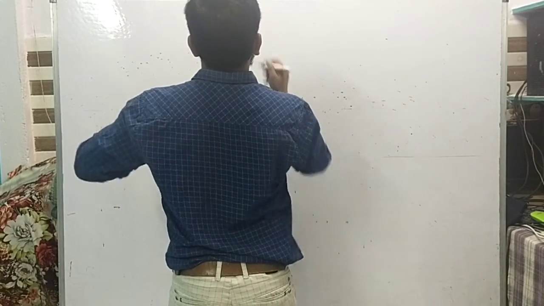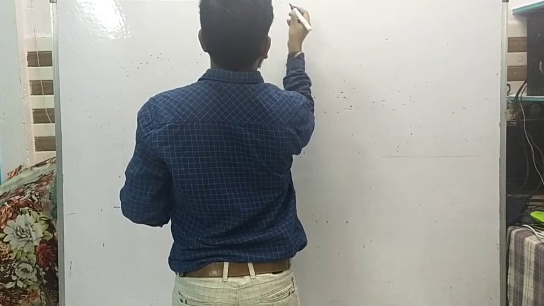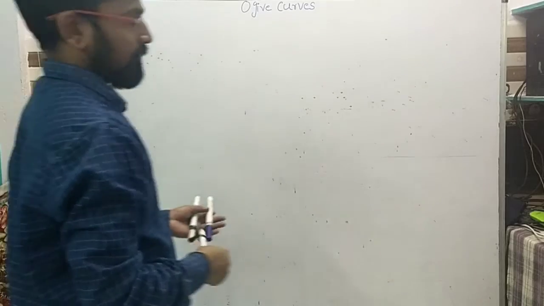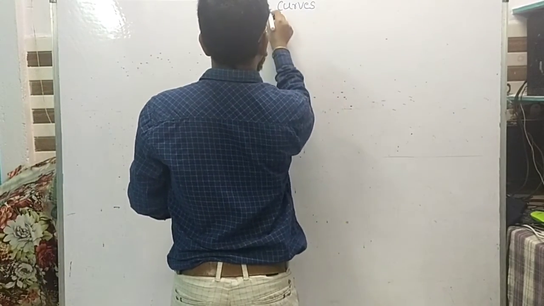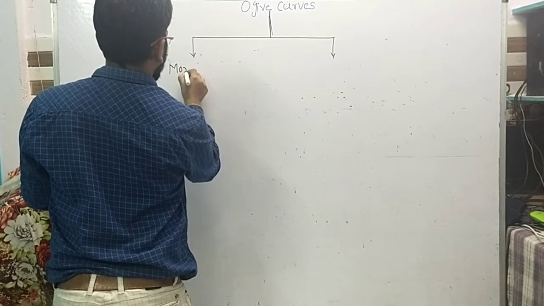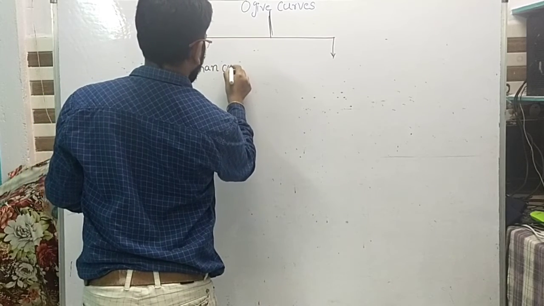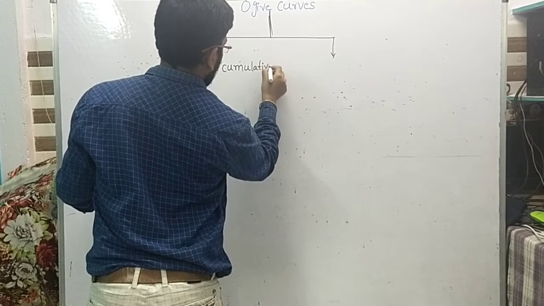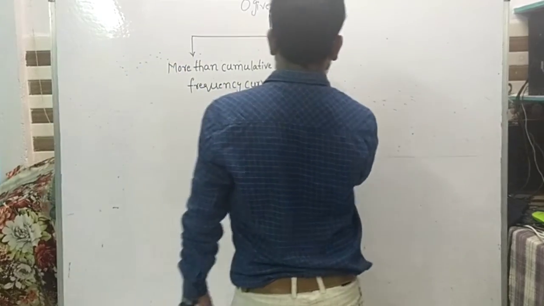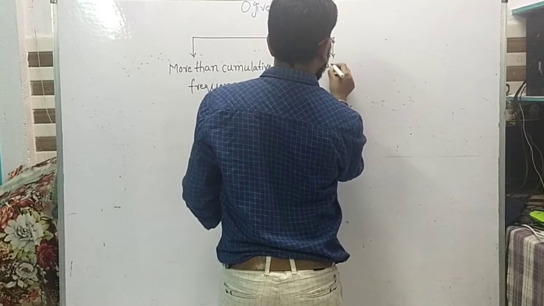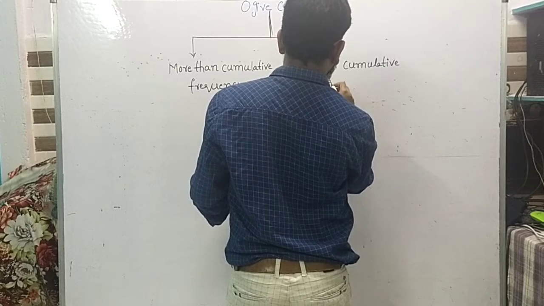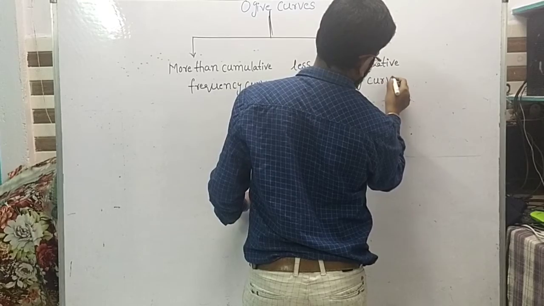So we are going to discuss ogive curves. Ogive curves divide into two types: more than cumulative frequency curve and less than cumulative frequency curve.